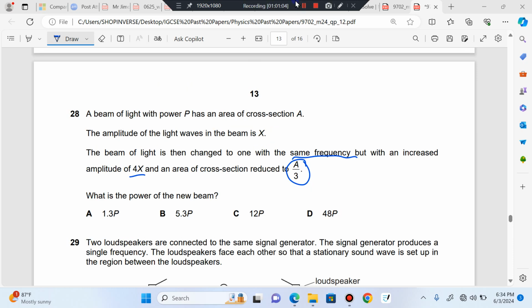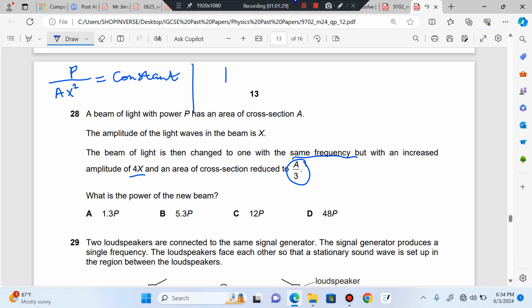Now take note of something about beams of light: power divided by cross-sectional area multiplied by the amplitude squared must give you a constant. It must be constant for all beams of light. Now, you are replacing the first one with the second source of light.